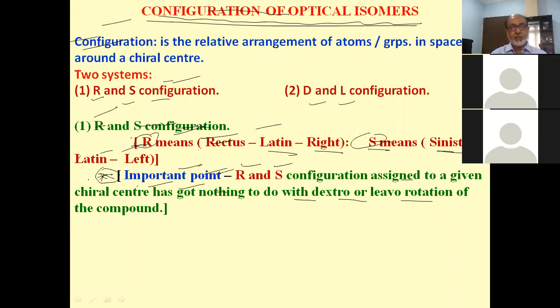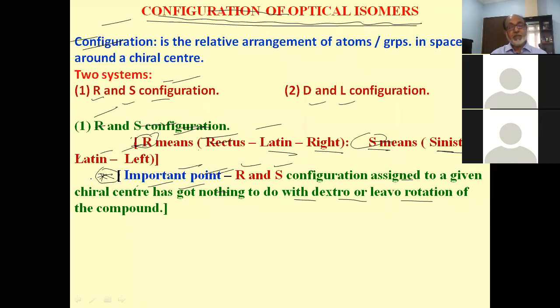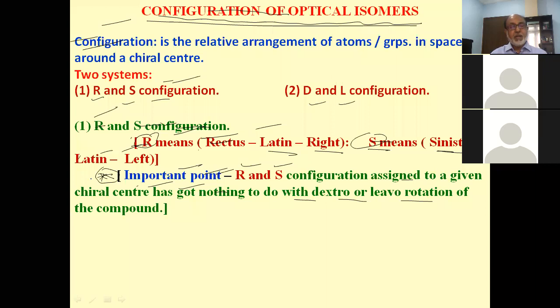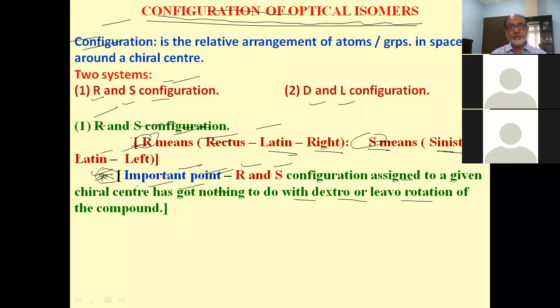If you know that one, you forget your knowledge. R may be dextro or may be levo. You cannot definitely say that all R structures are going to be dextro.